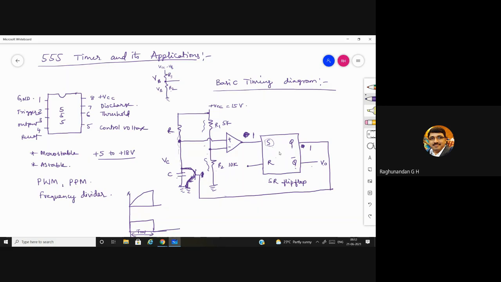Considering this, we are going to study the two modes of operation: monostable multivibrator mode of operation and astable multivibrator mode of operation.